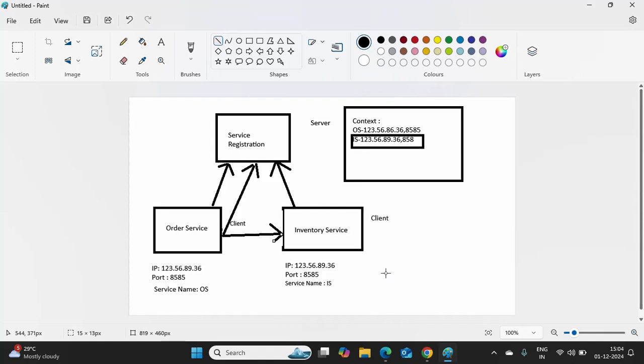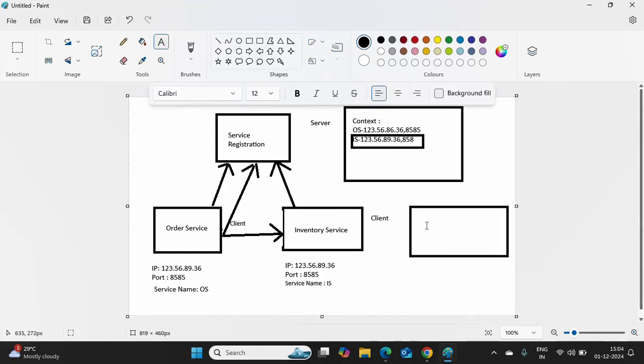Then let's assume you have one more inventory service. This is another inventory service, and similarly you are going to have its information.